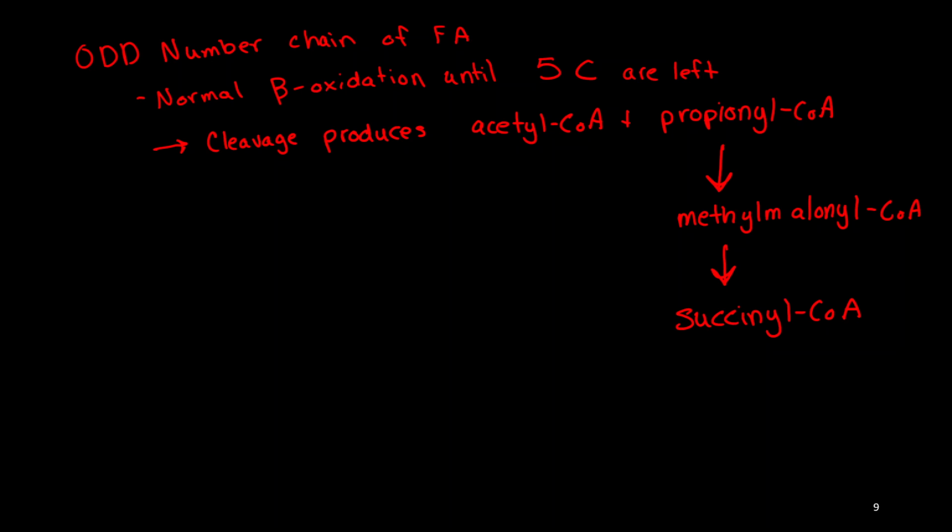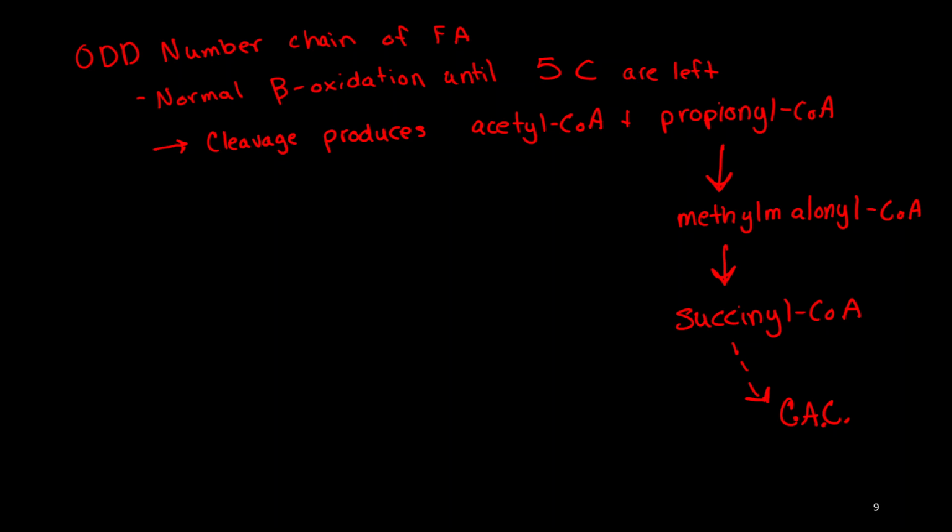Where have we seen succinyl-CoA before? So the citric acid cycle. So this is then used by the citric acid cycle. So that's how our body handles odd number fatty acids.